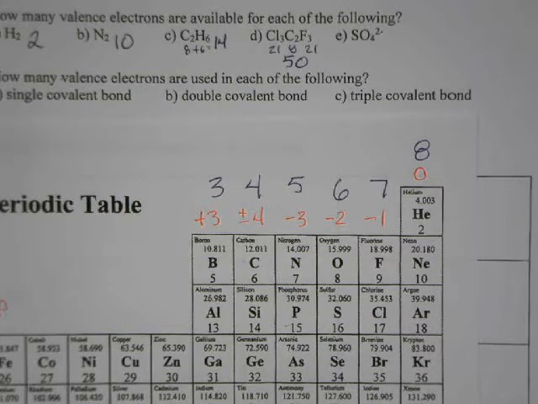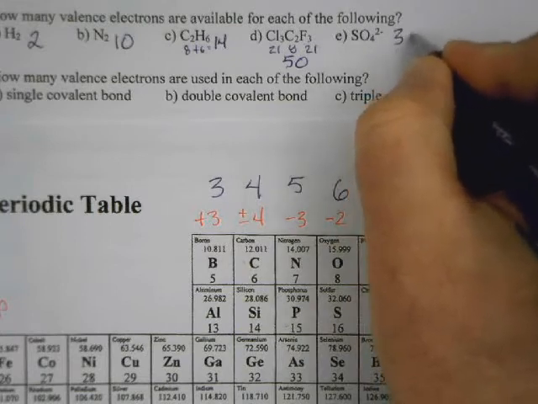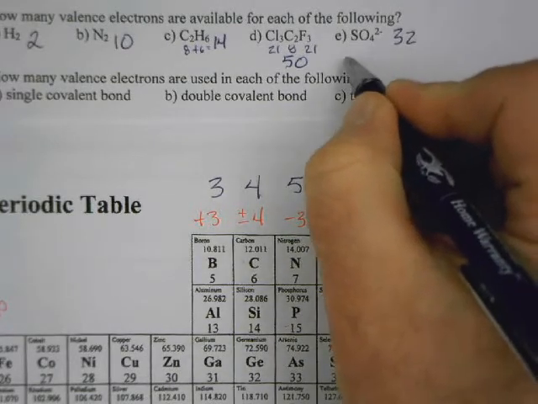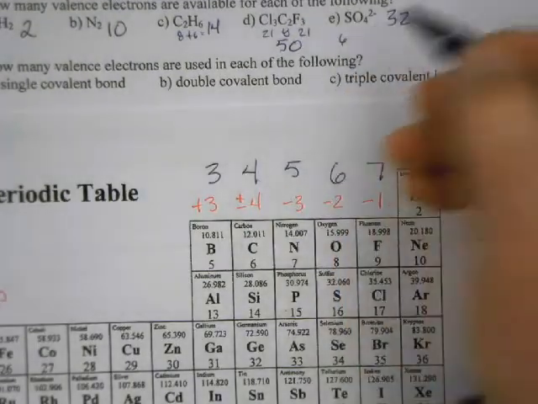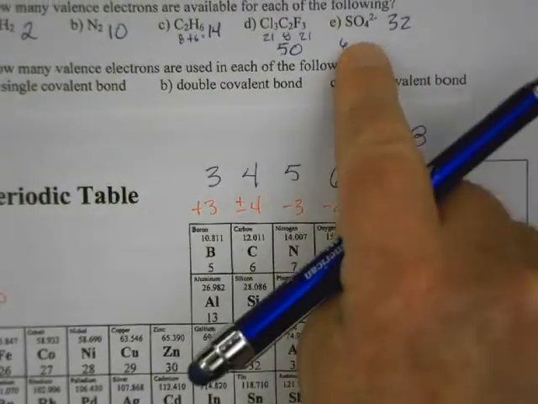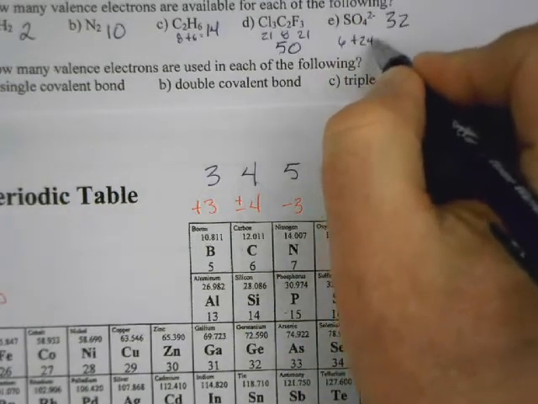All right, last one, E. How many dots in SO4 2 minus? 32. And again, there's sulfur. It has 6. Oxygens have 6, but I got 4 of them, so that's 24.